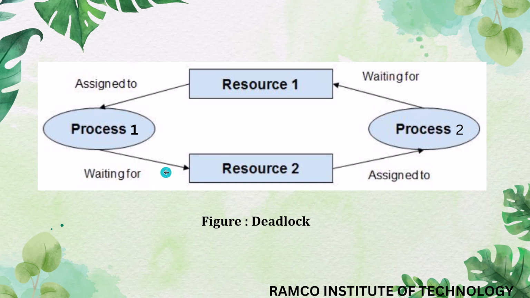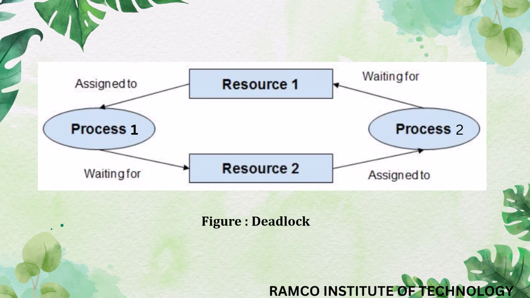This figure shows the deadlock condition in a computer system. So in this figure, we have two processes, namely process 1 and process 2, and two resources, resource 1 and resource 2. Here the process 1 is waiting for the resource 2, but the resource 2 is assigned to the process 2. This is one case.